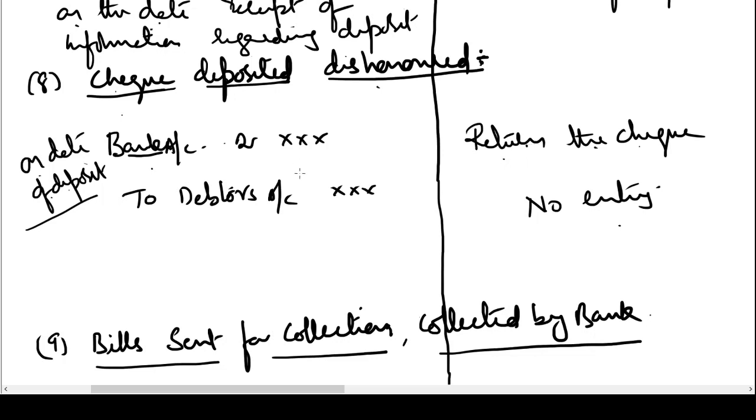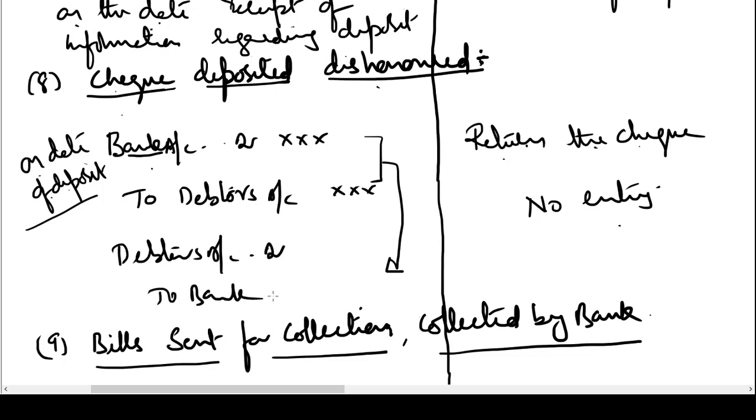Now what happens is, this entry which we have already recorded on the date of deposit needs to be reversed and cancelled. So we will pass entry debtors account debit to bank account. This entry will be passed only on the date of information relating to dishonor.